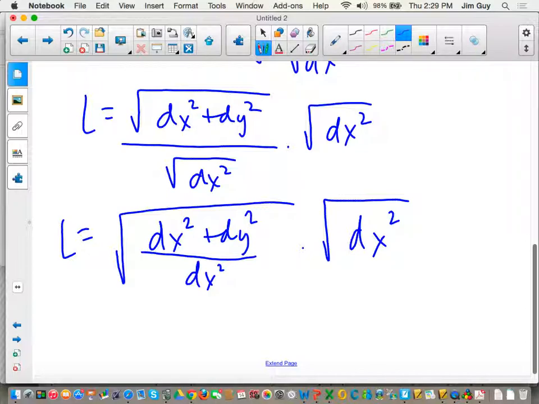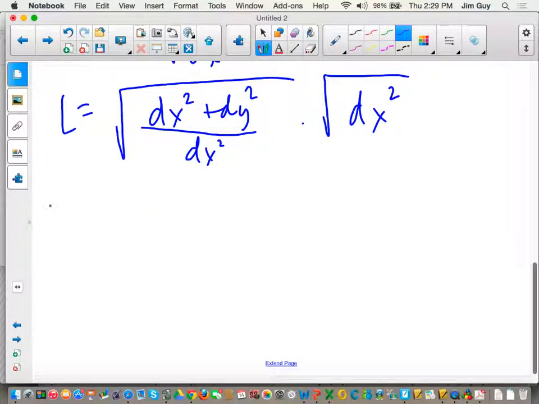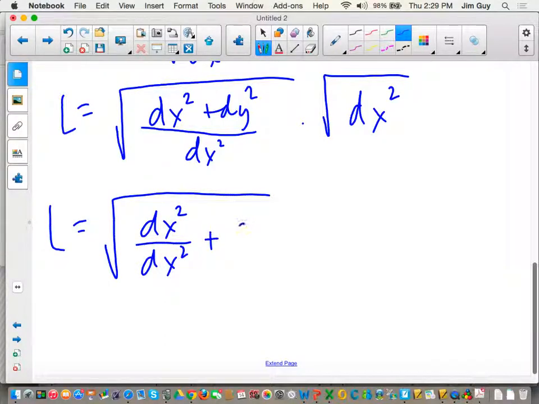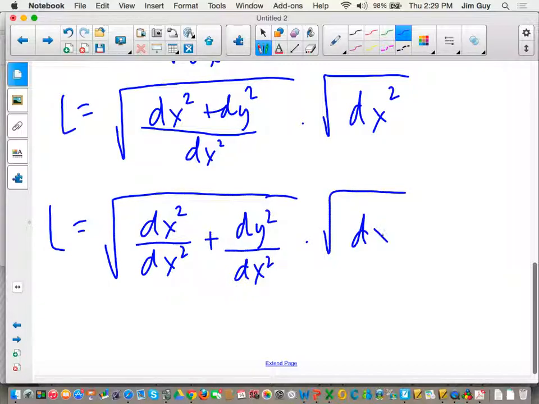Right? Well, this I can write as 2 separate fractions with this common denominator. So I can write it like this. And then, hopefully you're all starting to see where it's going.